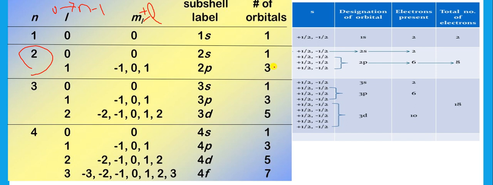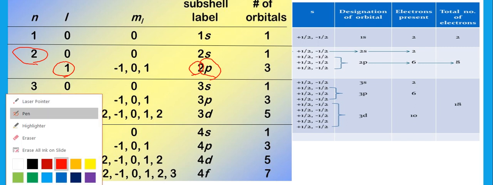Students, these two tables are very important because they clearly show the relationship between all the quantum numbers. We can see here the magnetic quantum number for 0 is 0, and for 1 it is plus minus l, that is plus 1, 0, minus 1, and the name of this orbital is 2p. How is it decided that it is 2p? The principal quantum number n and the value of l decide it.